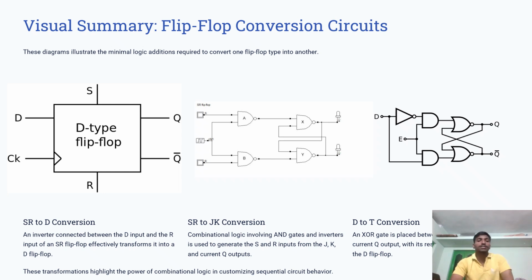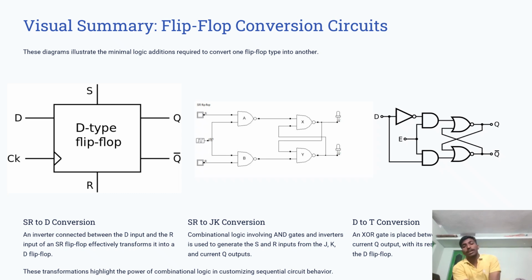An inverter connected between the D input and the R input of an SR flip-flop efficiently transforms it into a D flip-flop. SR to JK conversion. Combinational logic, involving AND gates and inverters, is used to generate the S and R inputs from the J and K inputs and the current Q output.